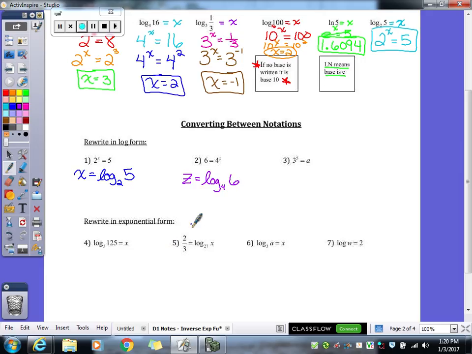And then we want it of 6, so log base 4 of 6. And then our last one, our exponent is a 5, so I'm going to start with 5 equals. What's our base? 3. Of a. So it's 5 equals log base 3 of a.